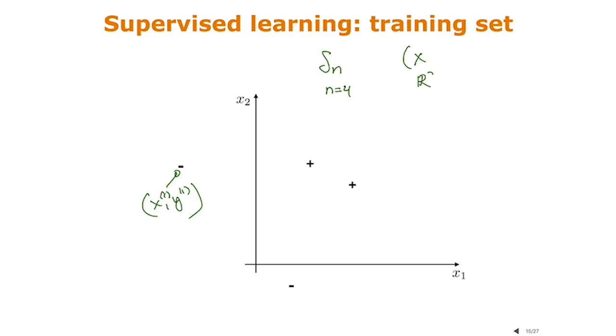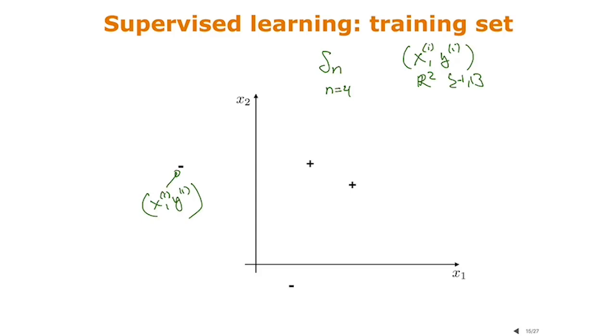Now here in R2, in my illustration, each vector has 2 coordinates. The ith training input vector here, feature vector, has an associated label that's in ±1.